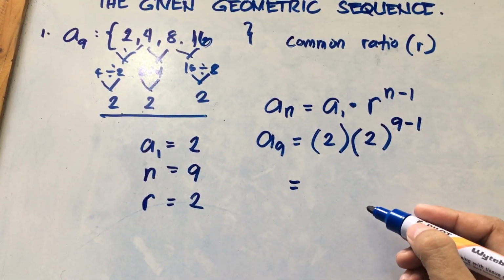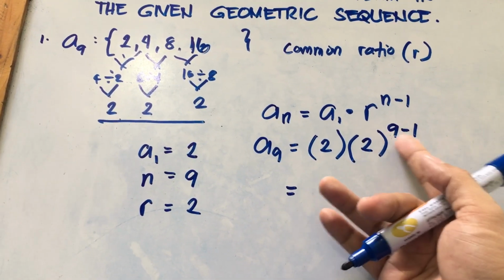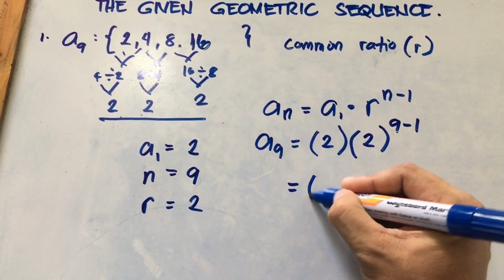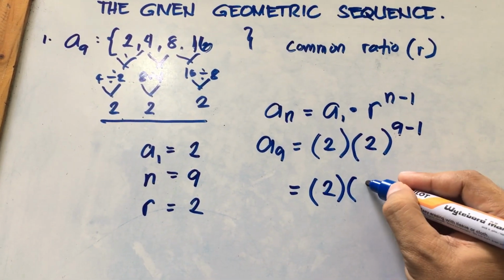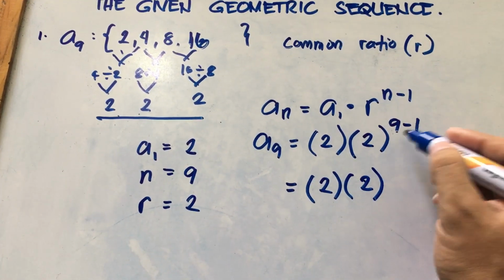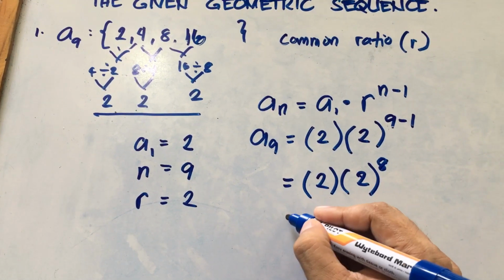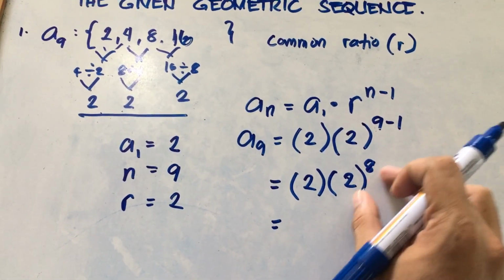At this point, you need to simplify the exponent first, this n minus 1, or 9 minus 1. So copy first the a sub 1, and copy also the r, which is 2. Then 9 minus 1 is 8. By virtue of PEMDAS, we need to simplify first the exponent with parentheses.